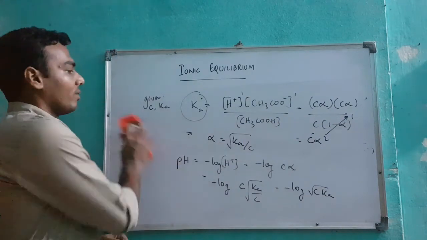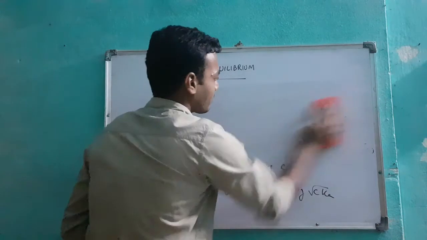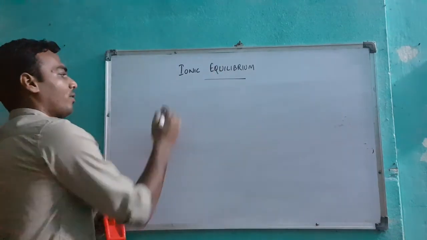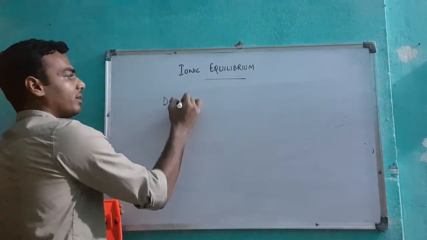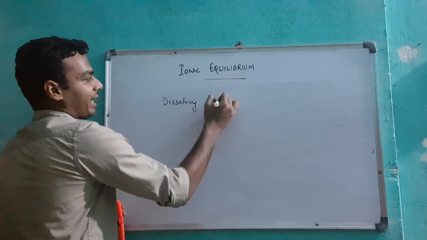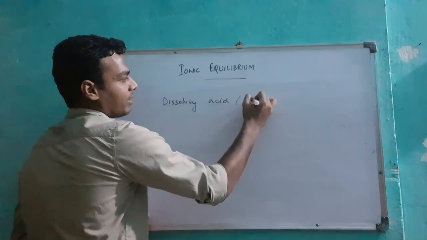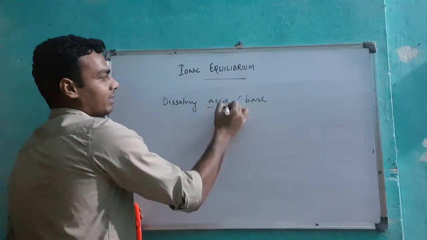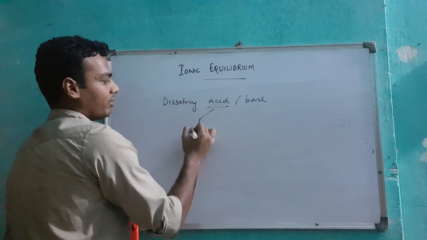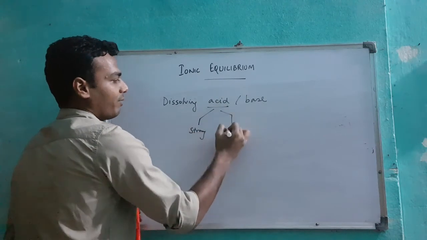So as an overview, when I write dissolving an acid or base, it means there are two types of each, strong and weak.